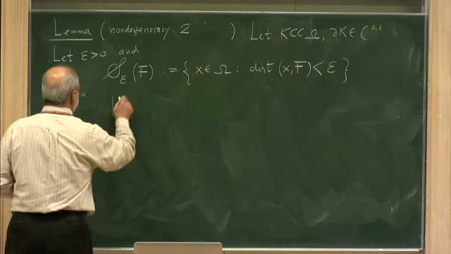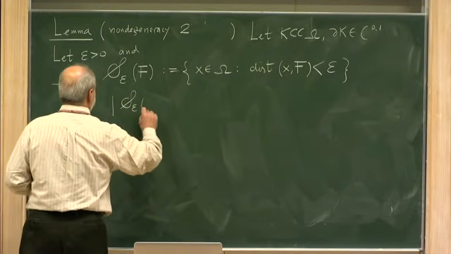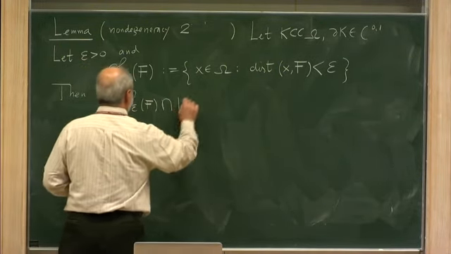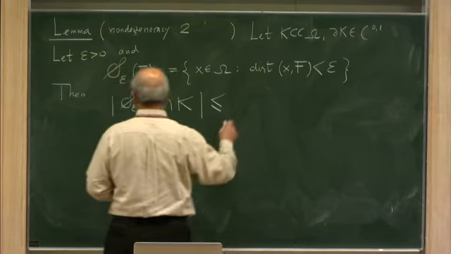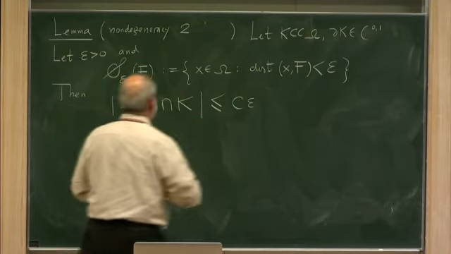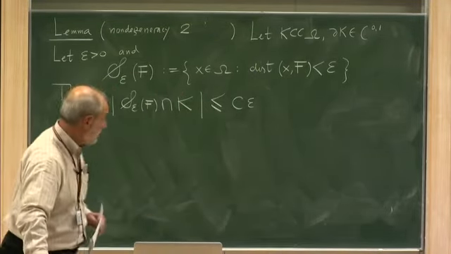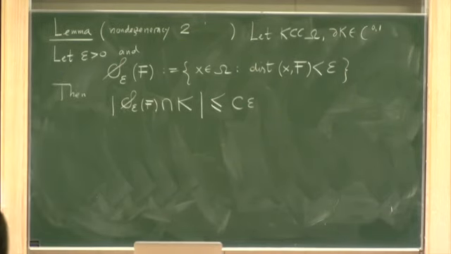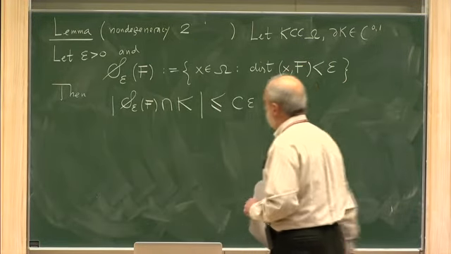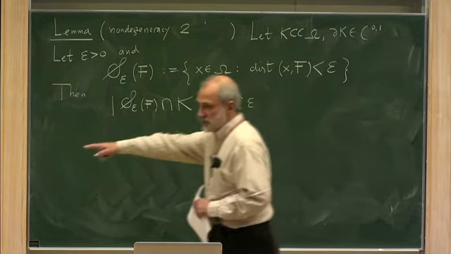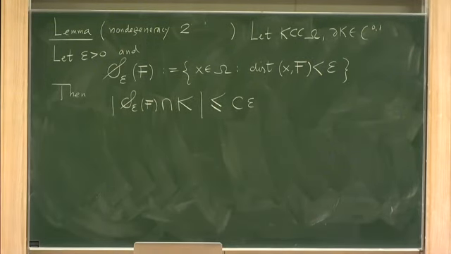Then this strip intersection K has a measure that is also bounded by epsilon. That has to do with the property that the Hausdorff measure is finite, and you can cover with a finite number of balls with size epsilon. So this is just a simple consequence of this deeper result.